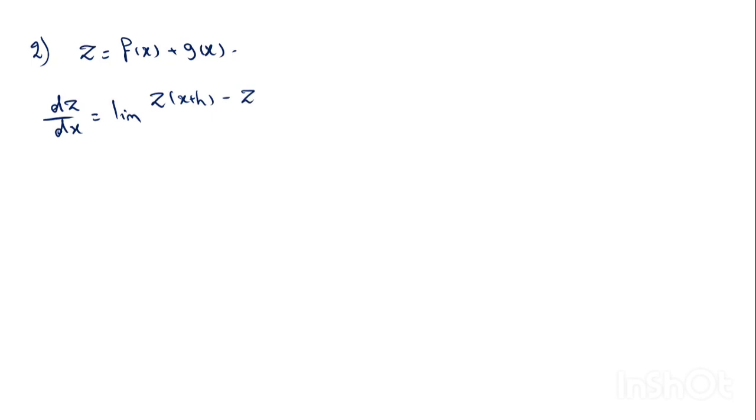The second rule is the addition or subtraction. We would prove it for the addition, and the proof for the subtraction case is similar. We let, as before, z to be equal to f of x plus g of x, then dz by dx is equal to the limit of z of x plus h minus z of x over h as h tends to 0.